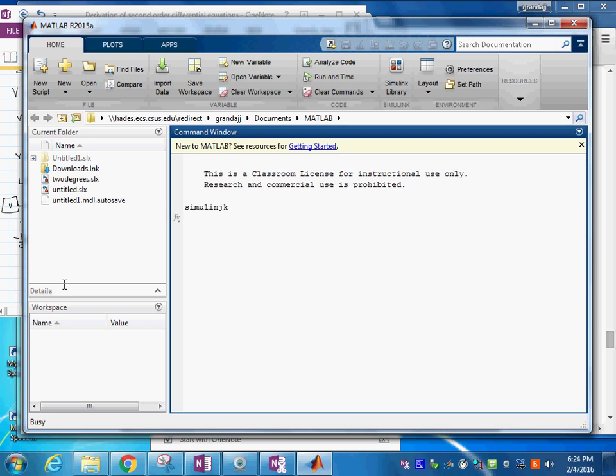Oops, no. Yeah, we type Simulink, and what it's gonna do is give us a workspace, some section of the disk that we can write and do exercises.